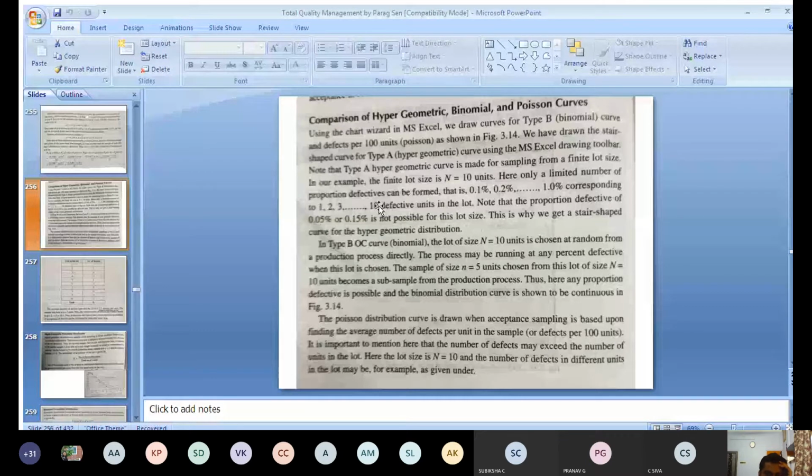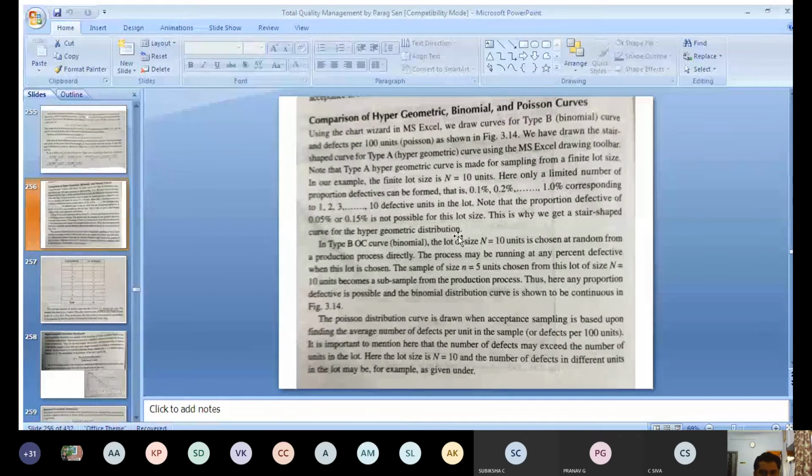Note that a proportion defective of 0.05 or 0.15 is not possible for this lot size. This is why we get a stair-shaped curve for the hypergeometric distribution. This is quite natural, because you can have 1 defective item, 2 defective items, or 3 defective items, but you cannot have 1.5 or 2.5 defective items.